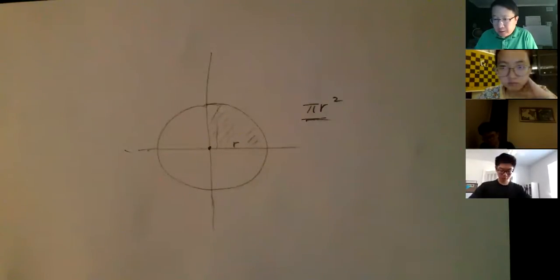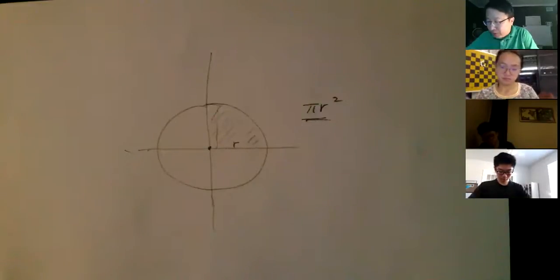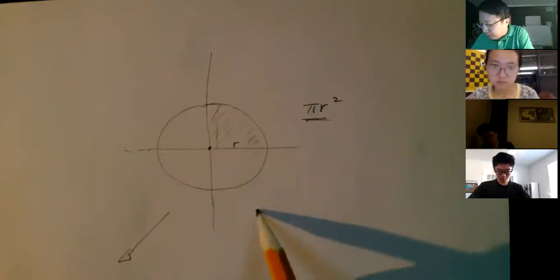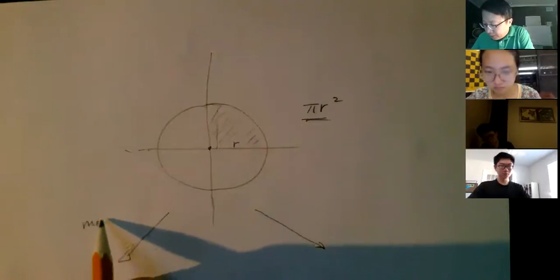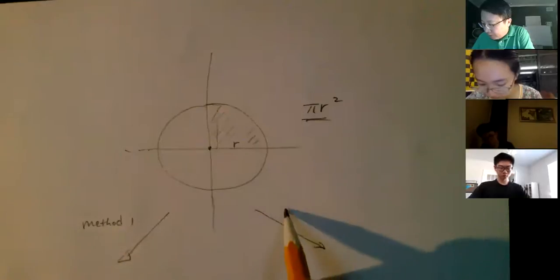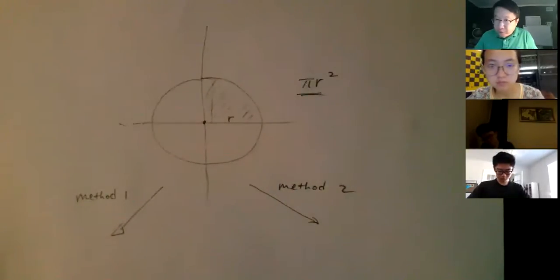But here, can everybody try to do that? There are two different ways to solve this one. One is much simpler, one is a little bit more complex. So method 1, method 2. I'll show you both methods. But does anybody want to try?